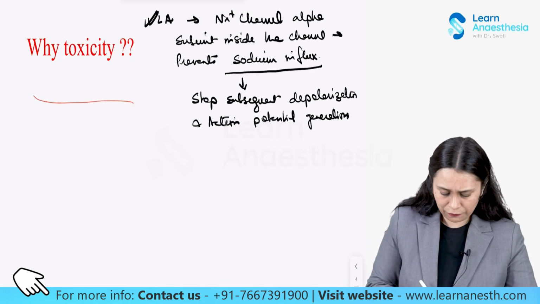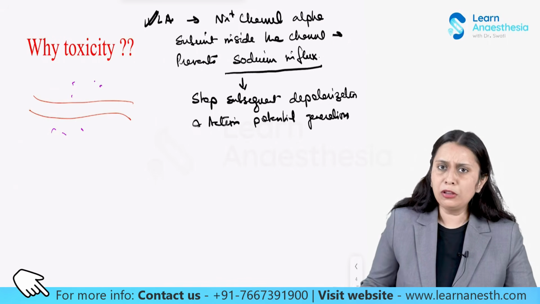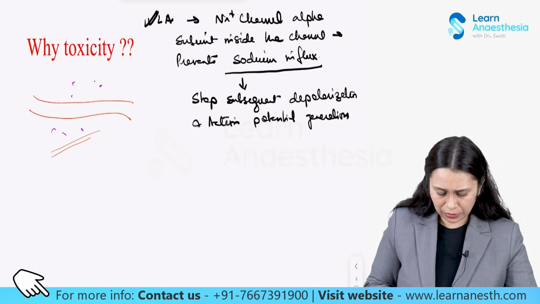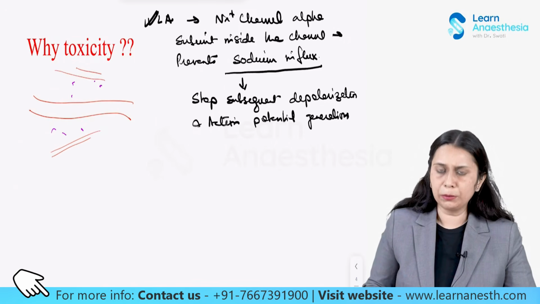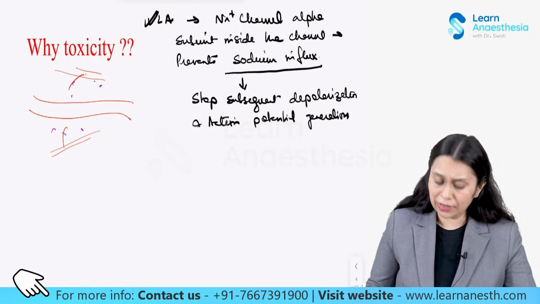Now this is the nerve fiber I wanted to block, and we deposited the local anesthetic around this nerve fiber. But we all know that nerve fibers would never be isolated. There would be blood vessels around the nerve fiber. If the drug gets absorbed in these blood vessels, then what can happen?